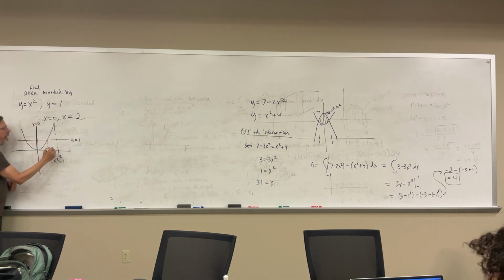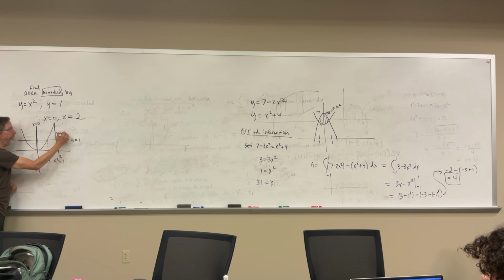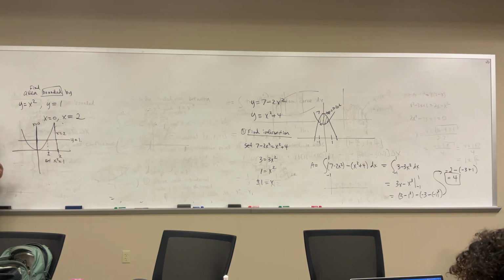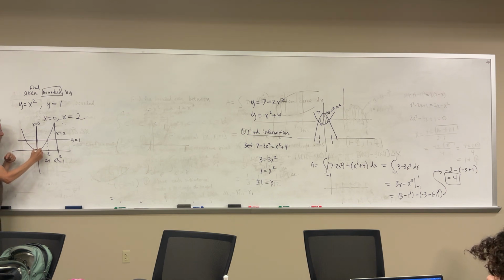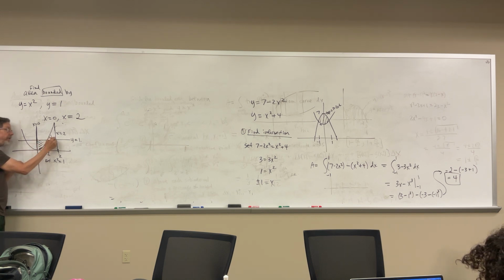Now look at how the question is phrased: bounded by. Here's x equals 2. We want to find the region that has each one of these as a boundary in some way. So here's x equals 0, x squared, and y equals 1, so that chunk, but also this piece here is bounded by those curves.